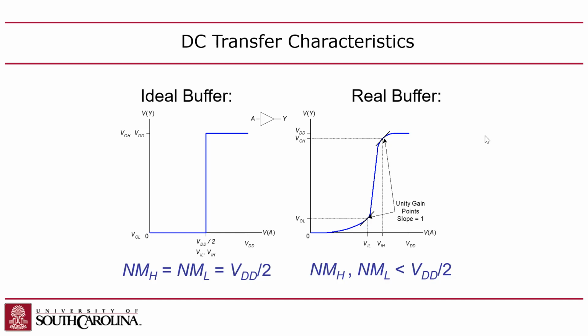Let's say VDD is 1 volt. As I go 100 millivolts, 200 millivolts, 300 millivolts, Y is just staying at 0. Then eventually I hit 500 millivolts, at which point it switches suddenly to 1 volt. That's how we want these circuits to work.